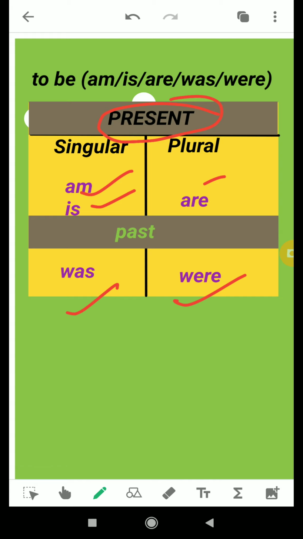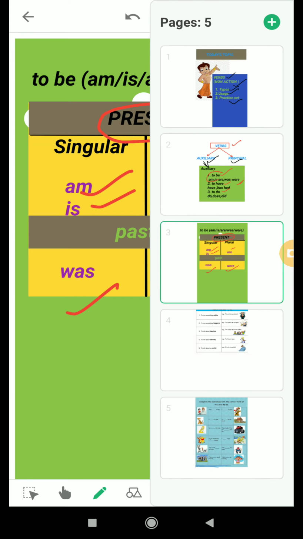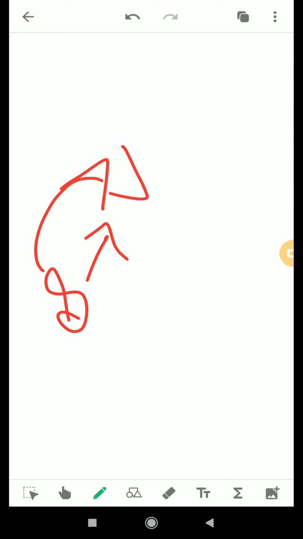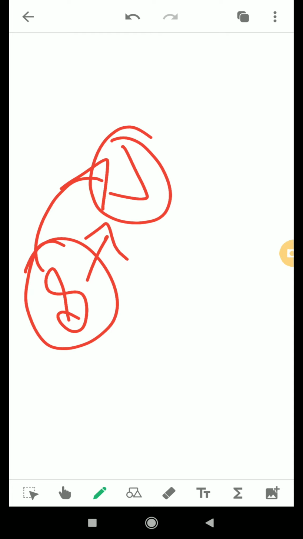So whenever we are choosing a verb, we always see the subject, because the subject determines what type of verb will be used. There is a rule in English that subject and verbs are interrelated. That means we will choose the verb according to the subject's action. And one more thing that determines the verb is the person or number.